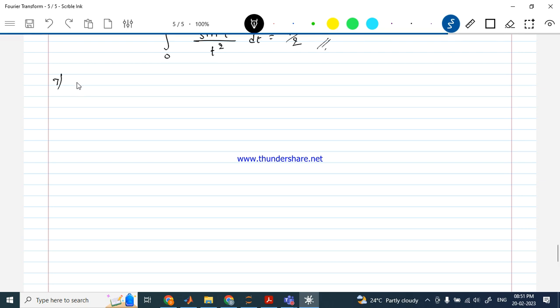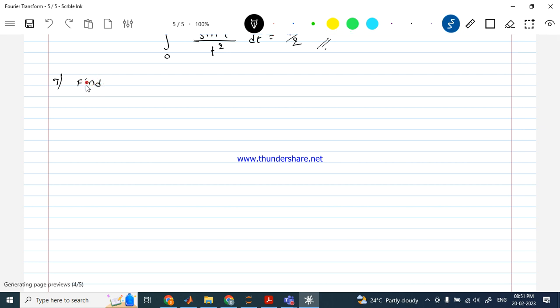Question number 7. This is the most common question that people will see. If you check out the previous year question papers, you will find this question in at least every alternate paper. Find the Fourier transform of f of x, which is 1 for mod x less than or equal to a, and 0 for mod x greater than a, where a is a positive constant.